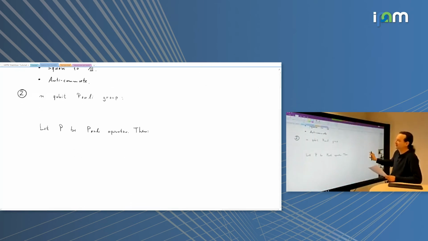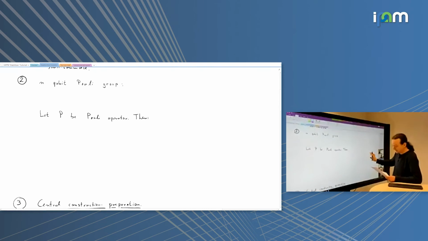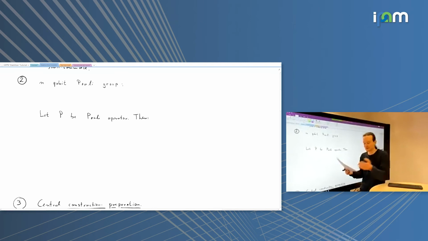Now let's make it a bit more interesting. We are interested not just in 2x2 matrices, but in tensor products, of course. This is a workshop about tensors. So let's define the n-qubit Pauli group to be the following set, which I promise you is a matrix group. You take a Pauli on every tensor factor and you tensor them together: sigma i1 tensor sigma i2 tensor, up to n times, sigma in.